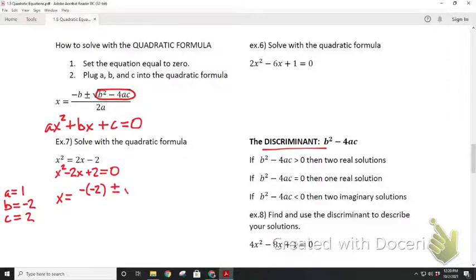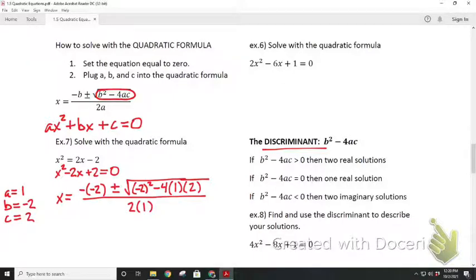Plus or minus b squared minus 4. A is 1 on this problem. And c is 2. This one's going to work out really nicely, unlike the word problem we're about to work. All over 2 times a, which is 1.